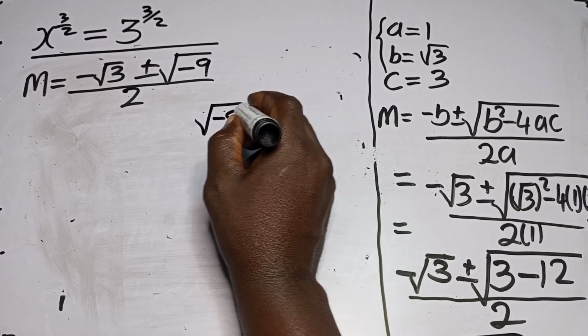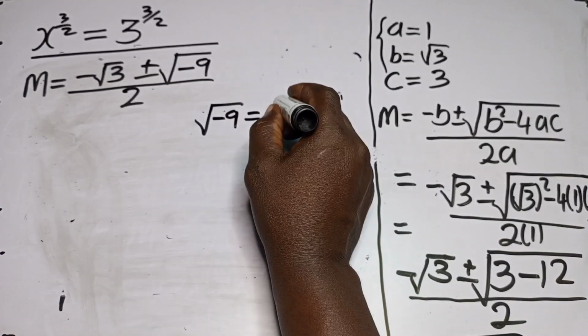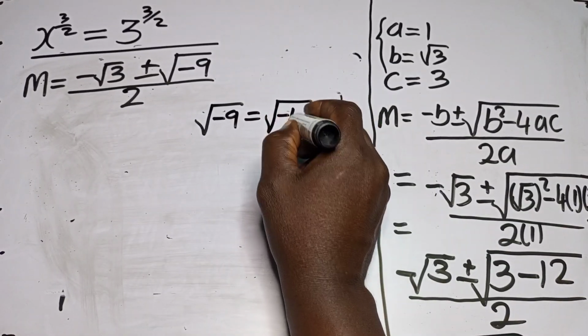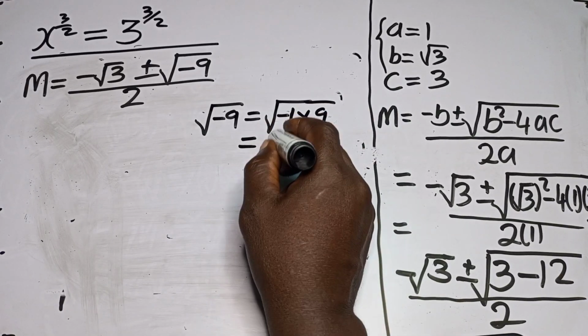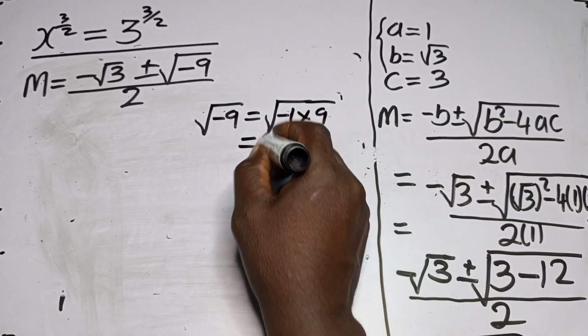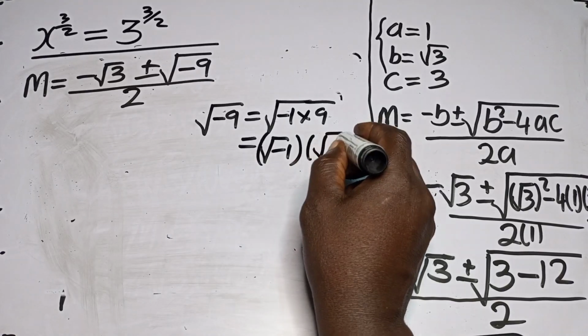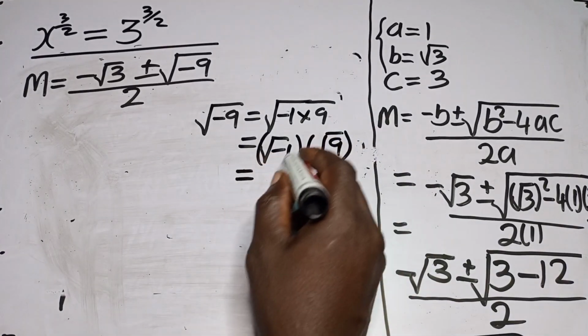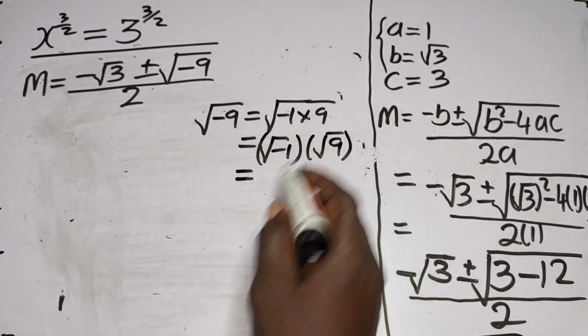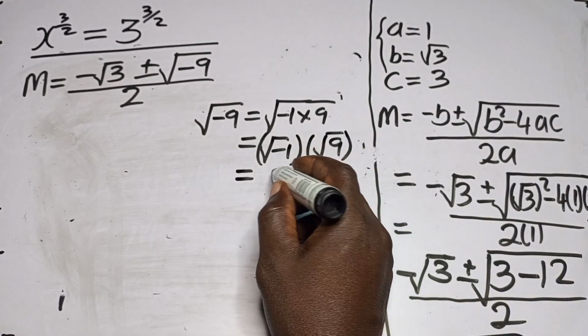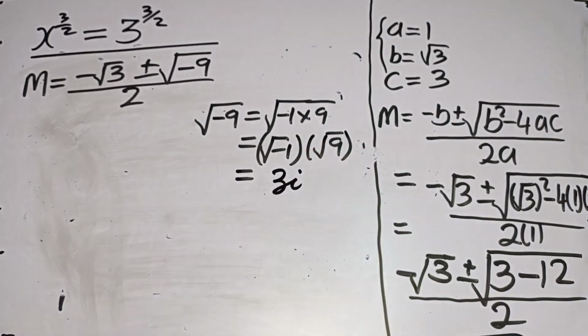Root negative 9 is the same as root of negative 1 times 9. This is the same as root negative 1 multiplied by root 9. We know that root negative 1 is the imaginary number i, and root 9 is 3. So this is simply 3i.